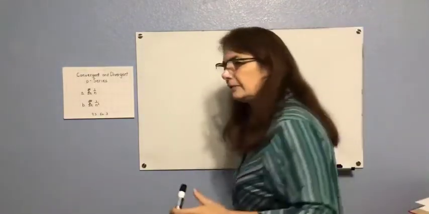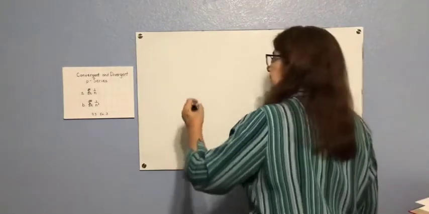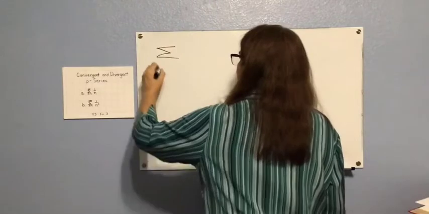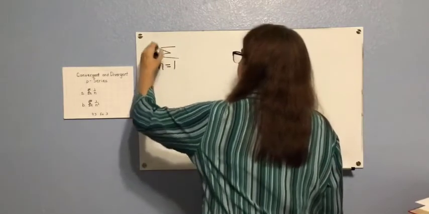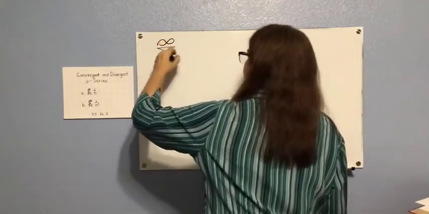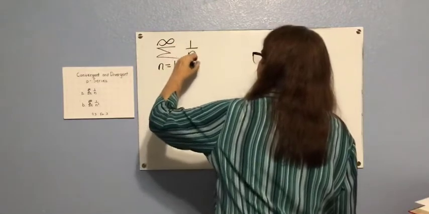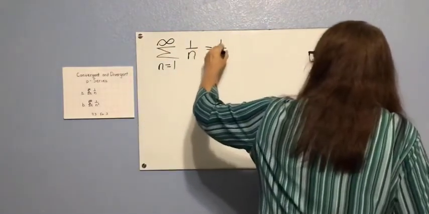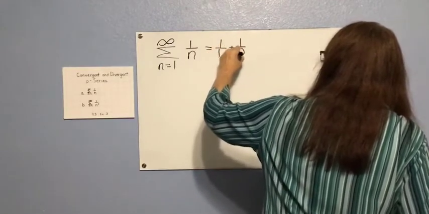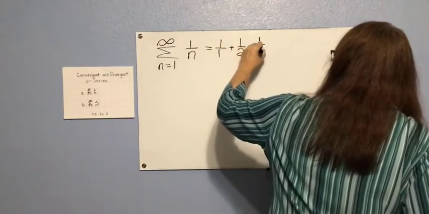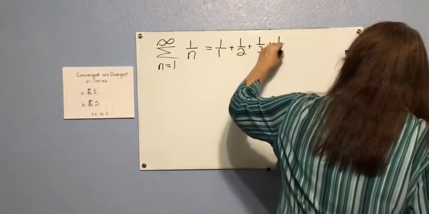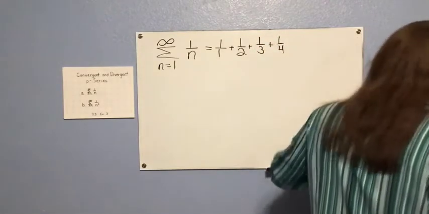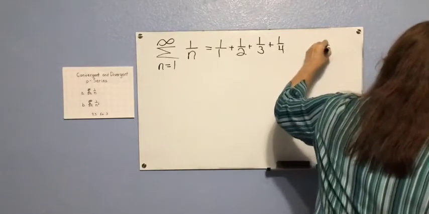Let's look at some different p-series. We'll start with that harmonic series. And we know that this is, we just wrote this, 1 over 1 plus 1 over 2 plus 1 over 3, and so on. And so we know that p equals 1.